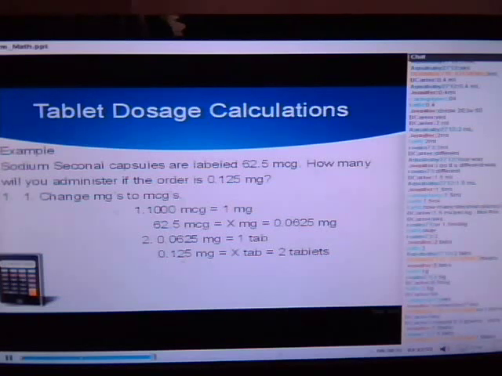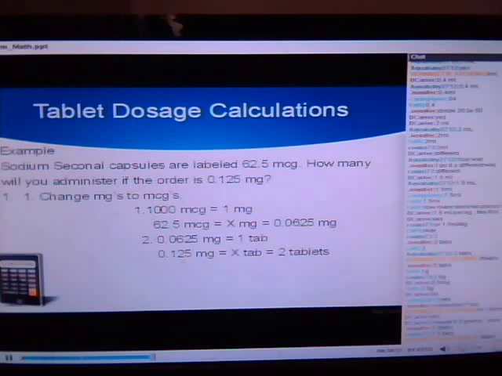Alright? First, in this question, we have micrograms on order, but the doctor ordered milligrams. So, you have to make sure to change the micrograms to milligrams, which is what I did, and then you continue with the rest.